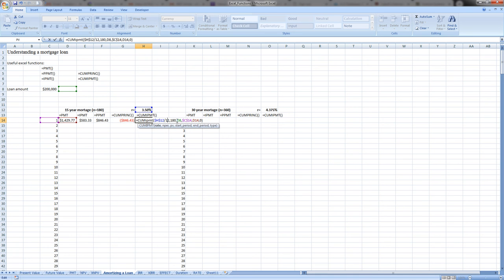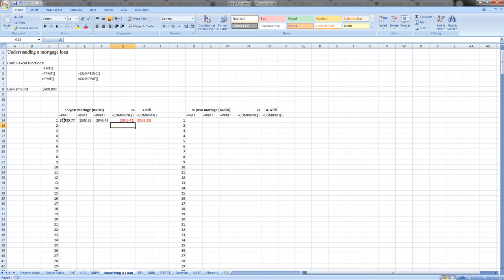Our rate's locked in. We have 180. We're going to lock our present value in. You see our start periods are the same. Change that to C4. And we're good. As a quick note, we need to lock in C8 there. Okay.